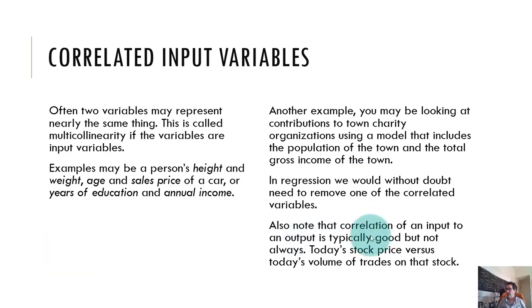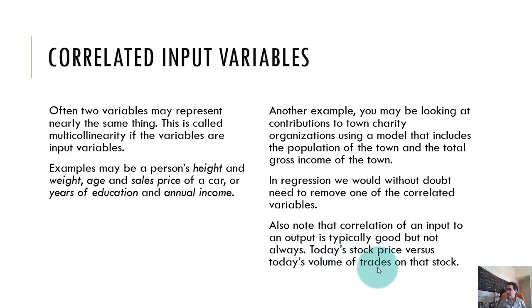Okay, another thing to note is that, as we said, correlation of an input to an output is typically good, but not always. For example, today's stock price versus today's volume of trades on that stock. So maybe the volume, the number of trades on that stock, is correlated with the price, but we wouldn't want to use this as an input into predicting the price.